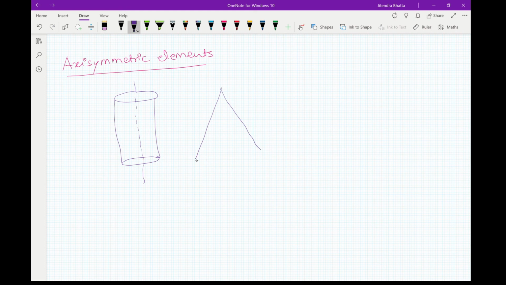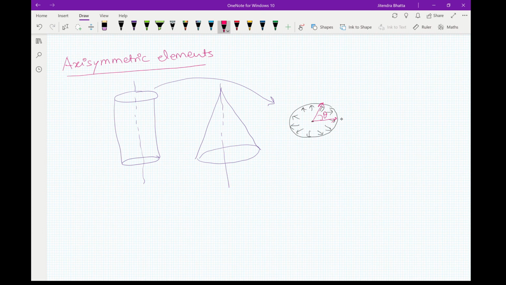We can have this section like this which is also symmetric about this axis. So in this case, when you take this section out, you will see pressure generated here like this, and we can represent such problems in polar form as well.